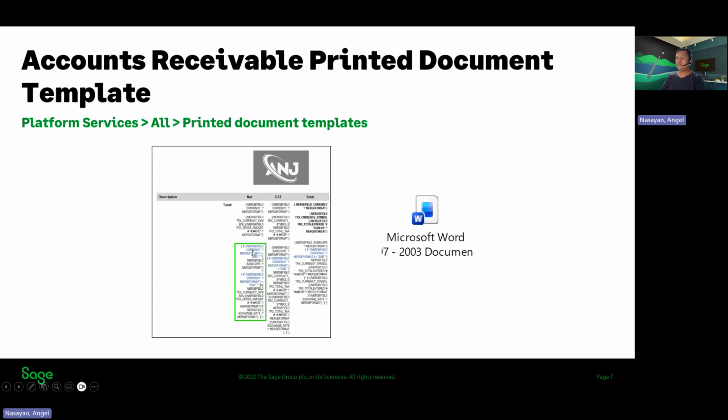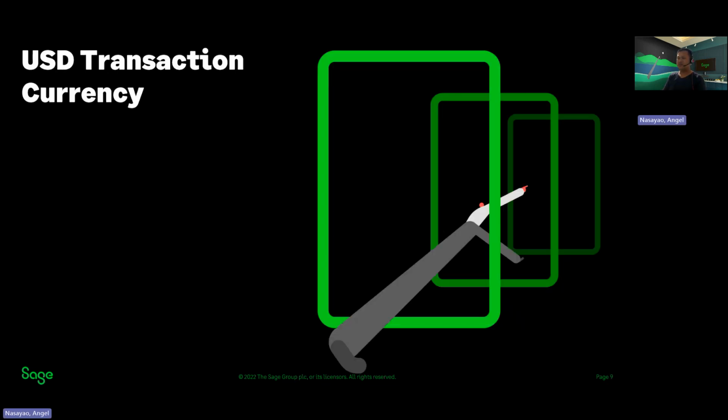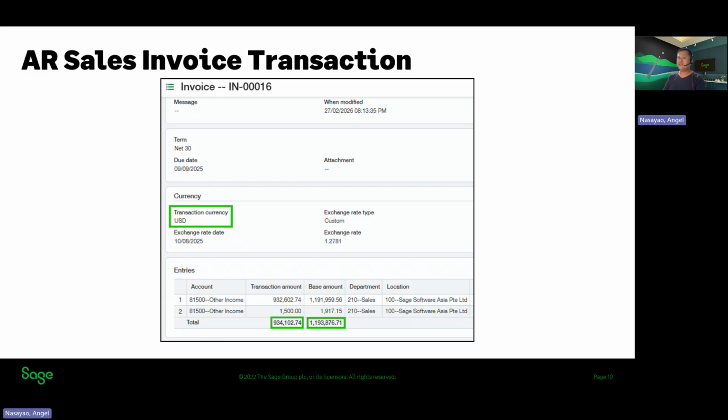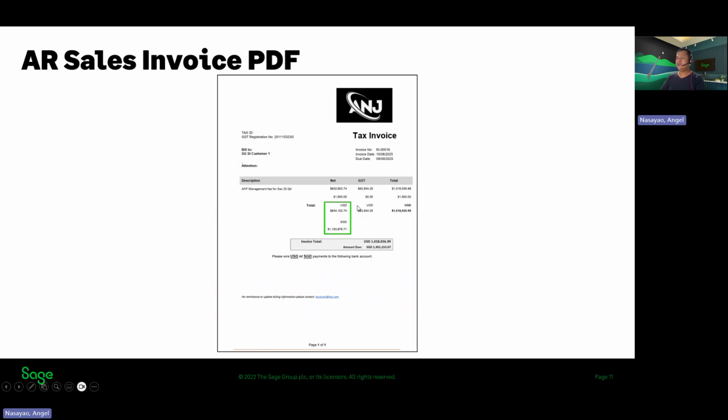But if not, then we have to display the base currency, which is SGD, and the equivalent SGD amount of the USD transaction. So let's have a look again. This is the original sales invoice. The first instance, the transaction currency is USD, and we would like to show that on the printed document template. So if you print the document template, you will be seeing it in here.